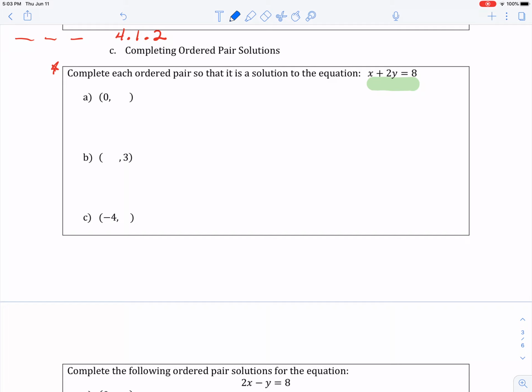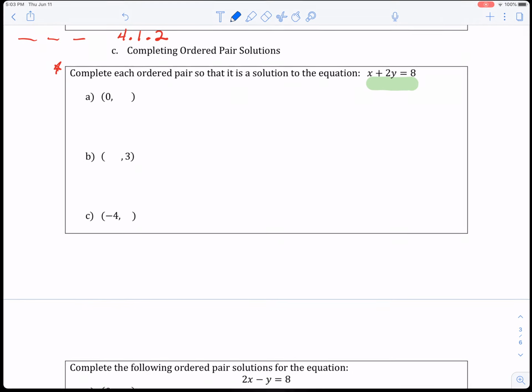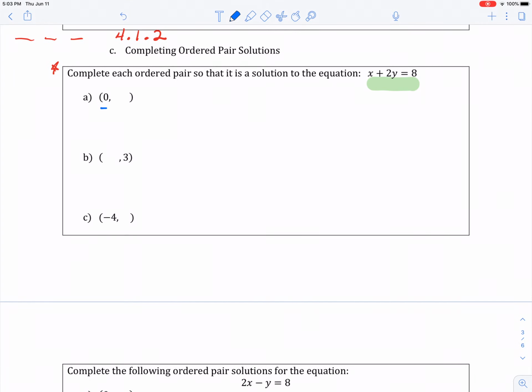So you've been given in part A here an x-coordinate of 0. You see that? And what we're going to try to do is find out the corresponding y value that goes with an x value of 0. So it's a fairly straightforward process. I'm going to copy down the equation.